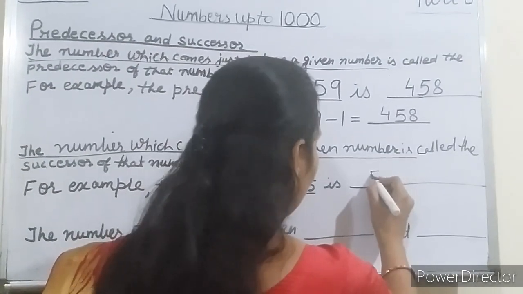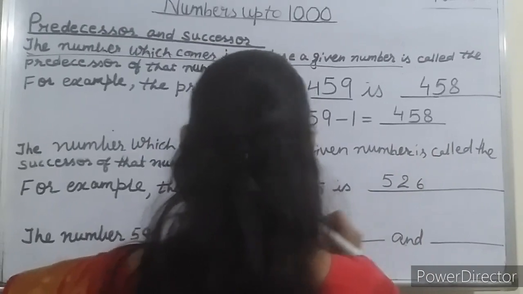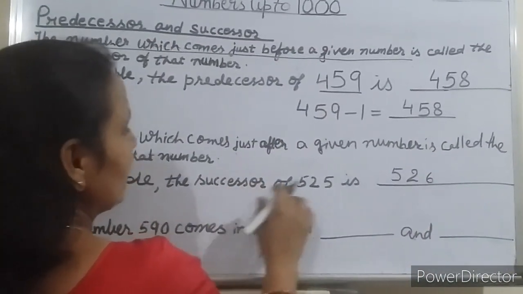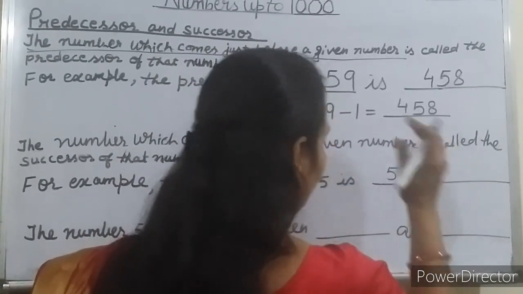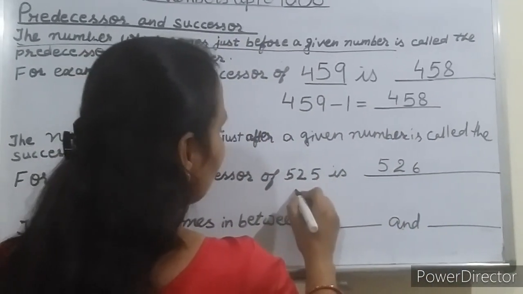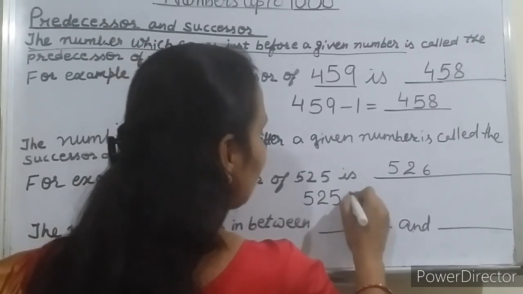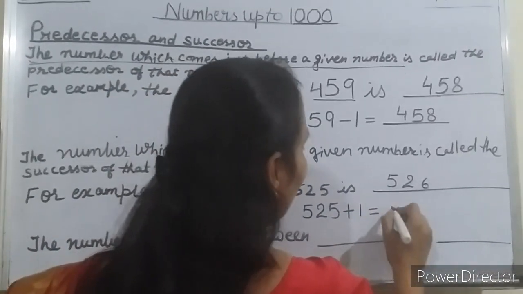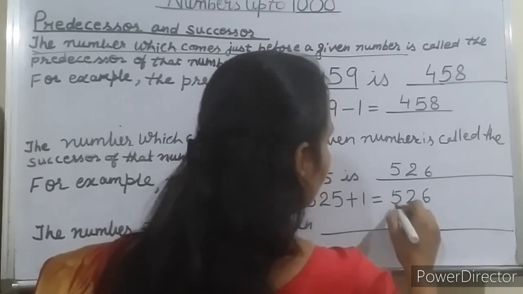Yes, very good, 526. So the successor of 525 is 526, or we can do it like this also: 525 plus 1 is equal to 526.